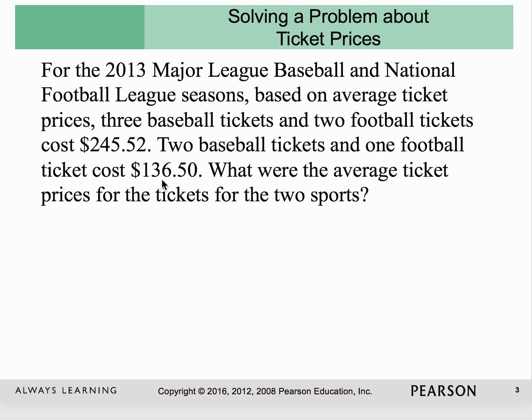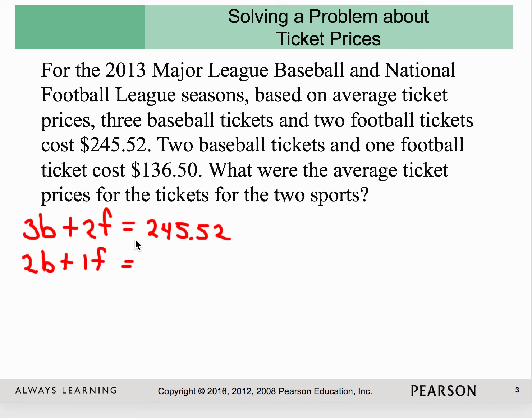Okay, 3 baseball tickets and 2 football tickets cost equaled $245.52. 2 baseball tickets and 1 football ticket cost equals $136.50.